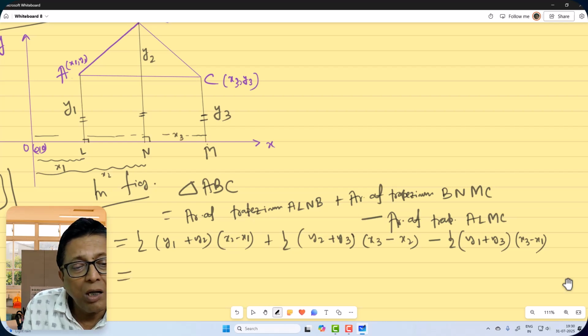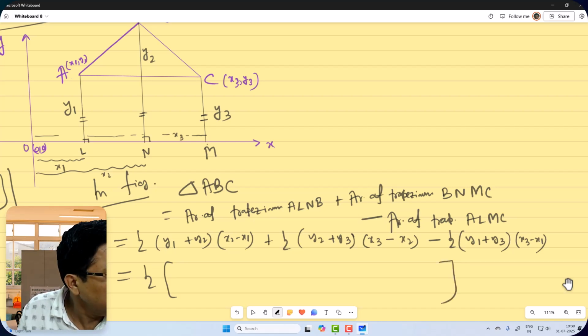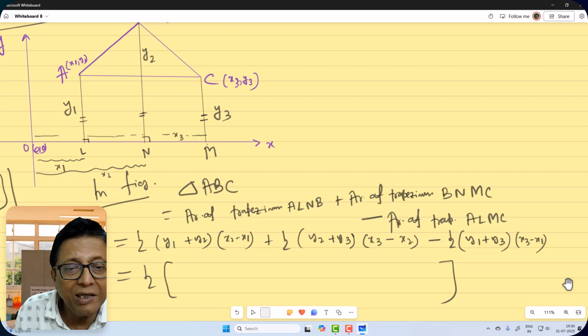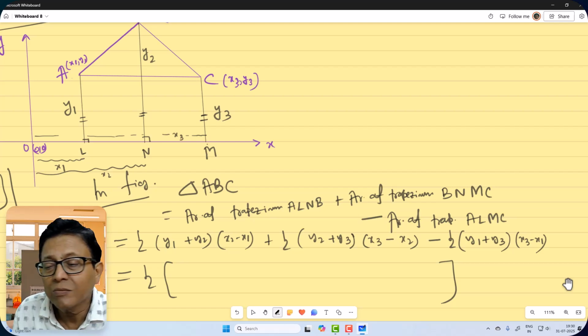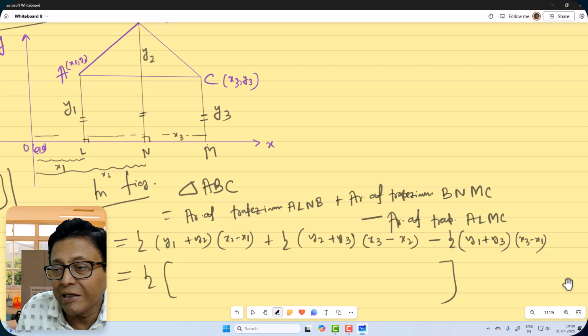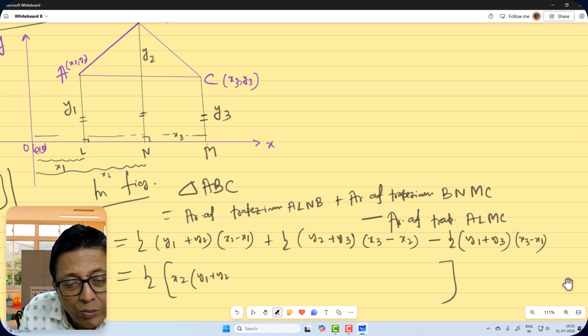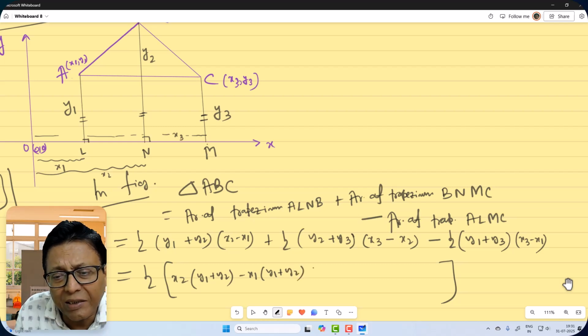So now you take half common and multiply all these to simplify. Clear? This calculation I will be taking in this manner. After taking half common, we just write x2, x1, (y1 plus y2), just open the bracket.